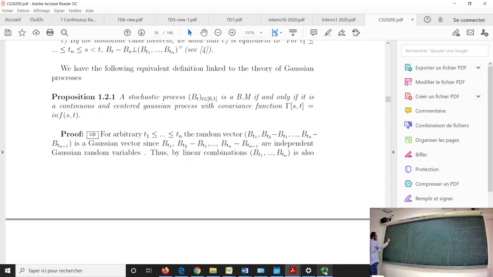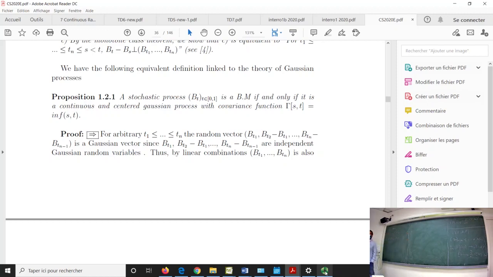What can you say about the distribution of this random variable? What is the distribution of I_N of f? It's a Gaussian. I agree with you.